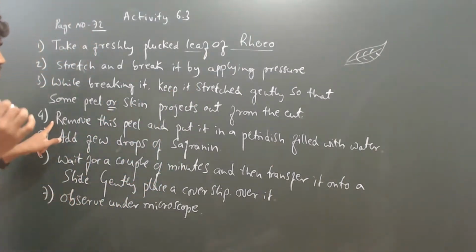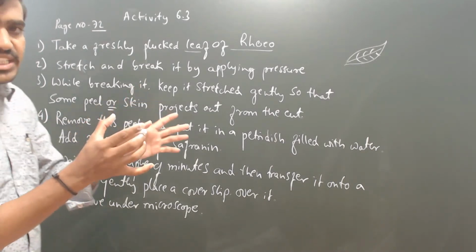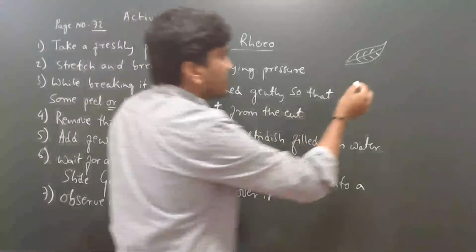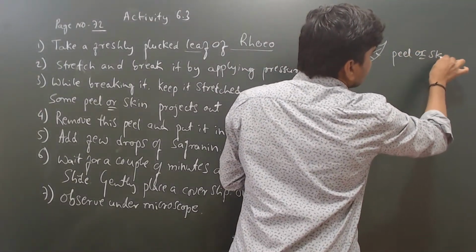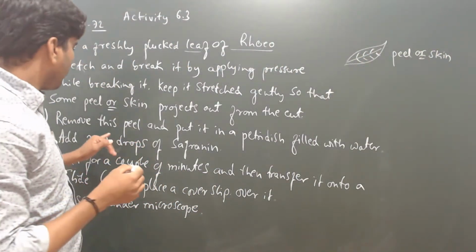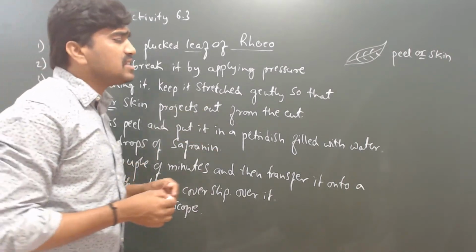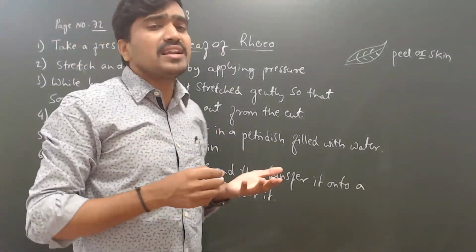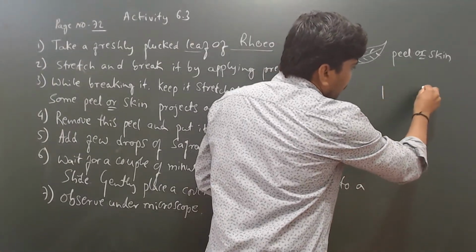Then next, fourth step. Remove this peel. After stretching and breaking, remove the peel or skin and put it in a petri dish filled with water. Petri dish is nothing but a glass plate.